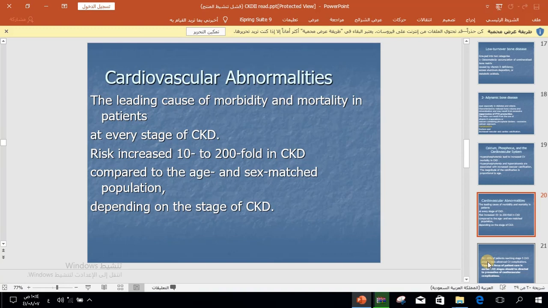So to manage such condition, we need to break the cycle by improving the calcium level and decreasing the phosphate level. We're going to speak about management later on, but generally, at the start, we need to give vitamin D in appropriate dosage to keep calcium at reasonable normal level, and we give phosphate binders to get rid of hyperphosphatemia.